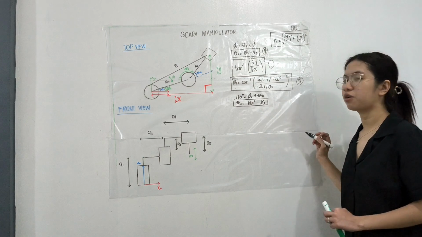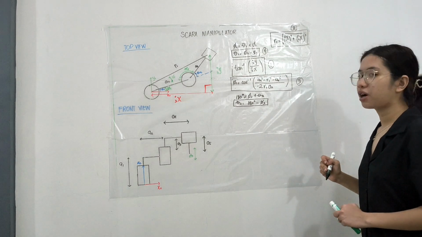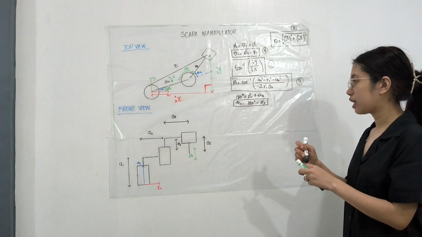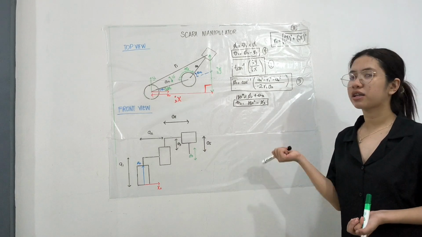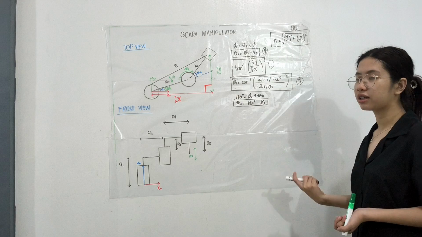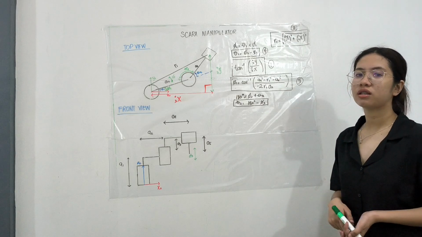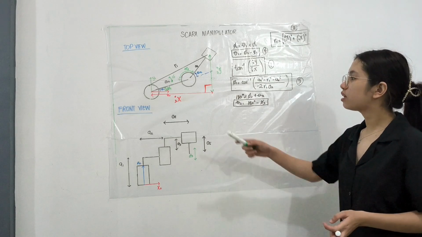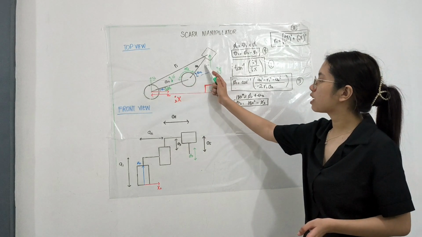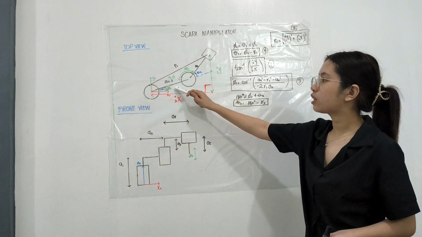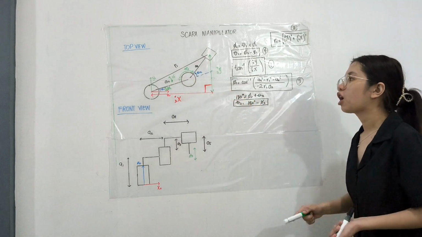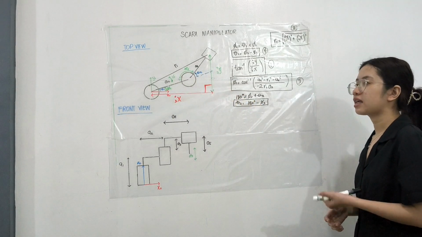Now that we have our theta 2, we will derive phi 3. Since phi 3 is inside another triangle that is not a right triangle, we will use the law of cosine. Inside this triangle, we can see that we have three given values, which are a4, a2, and r1. The opposite side of phi 3 is r1.